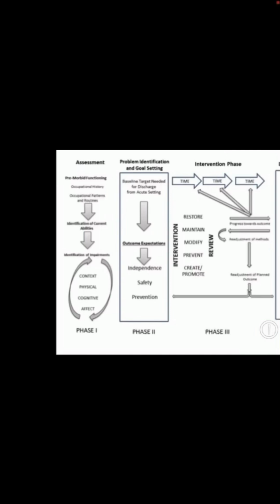It came from lots of textbooks, Willard and Spackman, Occupational Therapy for Physical Dysfunction. Some were adapted in Trombley, and it incorporates a model of practice called Ecology of Human Performance as well. I hope this diagram can help you.